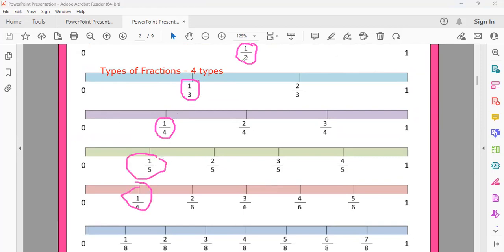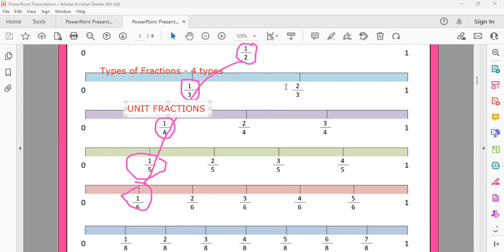We call them unit fractions. Everything that has a numerator of 1, the first part of that fraction, such as 1/100, 1/27, 1/12. As long as the numerator is 1, that's called a unit fraction.